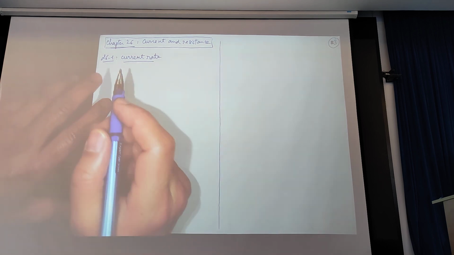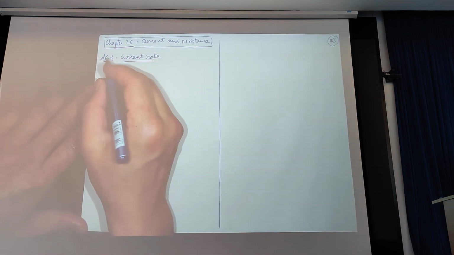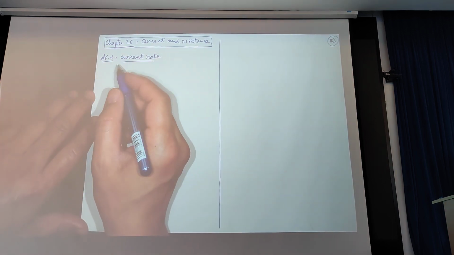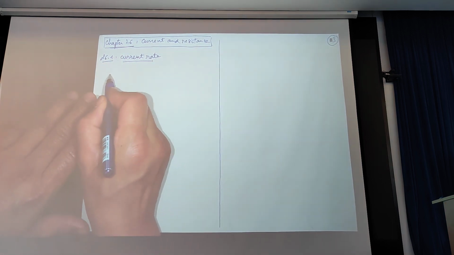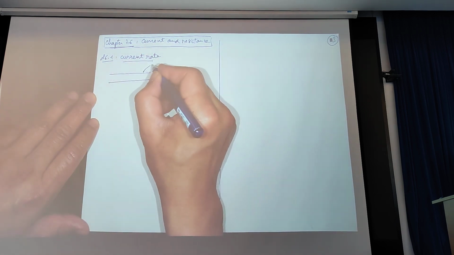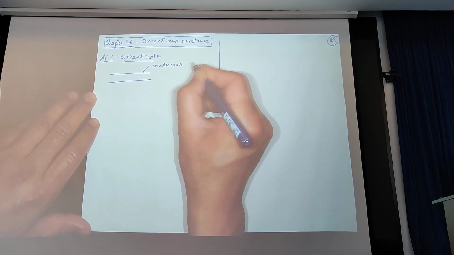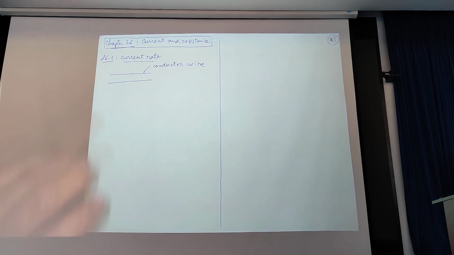Let me remind you that in a conductor, electrons, which are the elementary charge, are free to move. So let's consider a conductor wire.